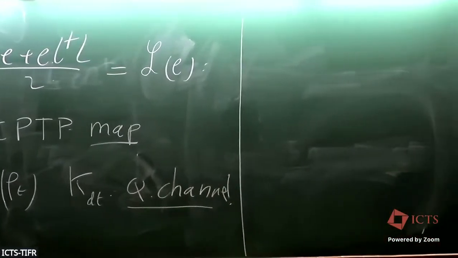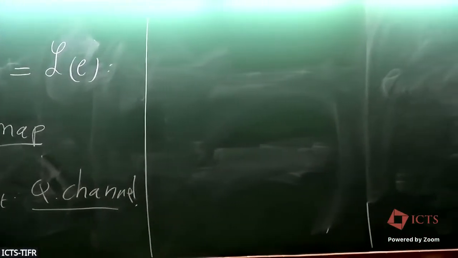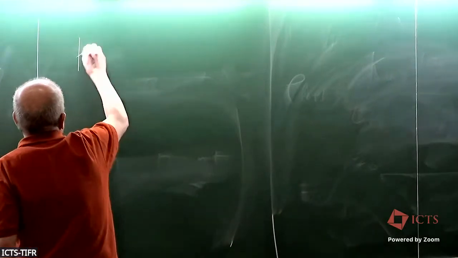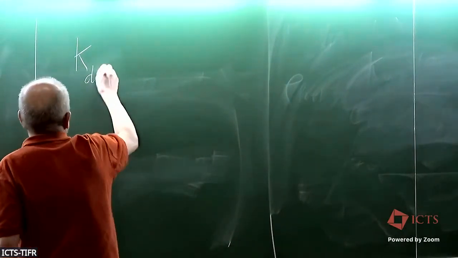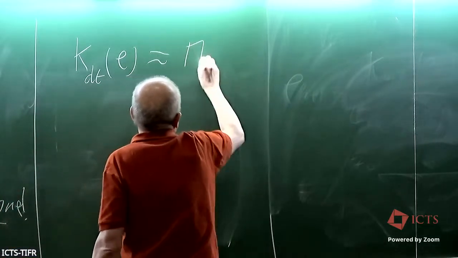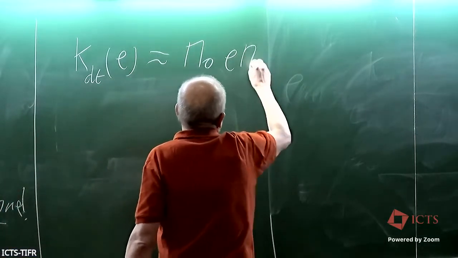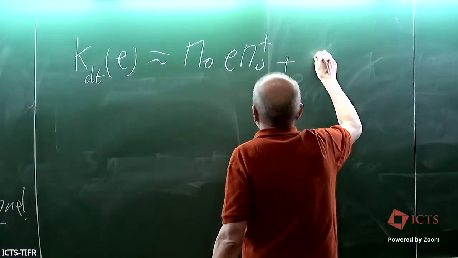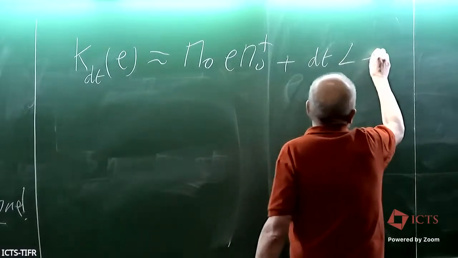You use this formulation here, but you modify it slightly. So what was M0 at the beginning? I know that I have K of dt of rho. It is something which is M0 rho M0 dag, plus, in fact, here I have dt L rho L dag.